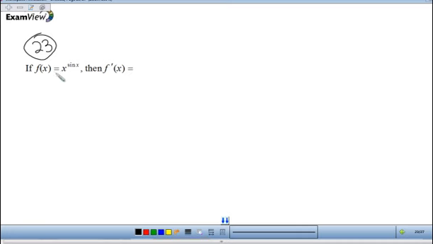Okay, so this one, find the derivative of x to the sine x. We haven't learned to use this. We can't use the derivative of this because a has to be a constant in order to use the formula. So what I'm going to do is implicit differentiation.